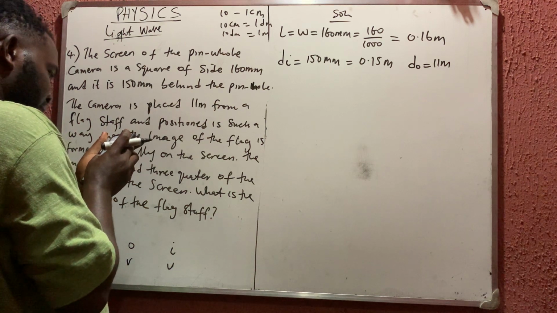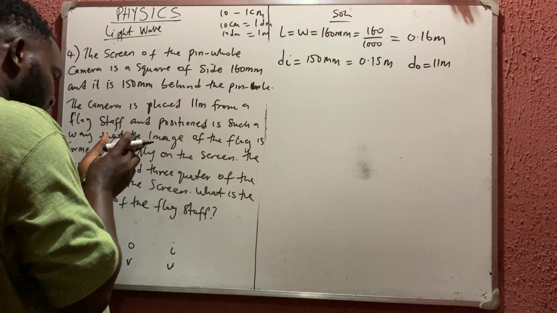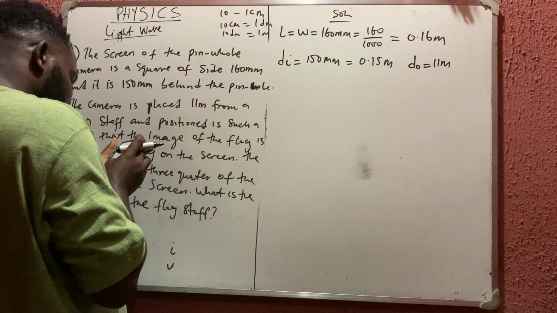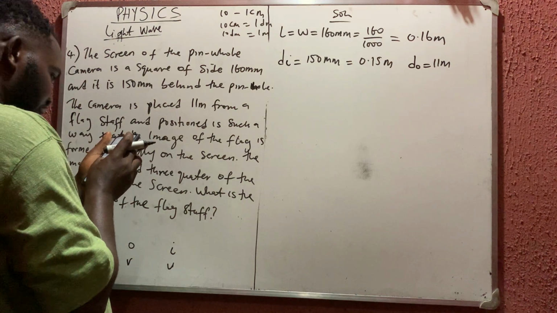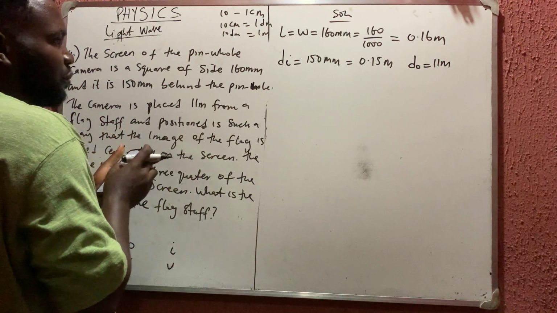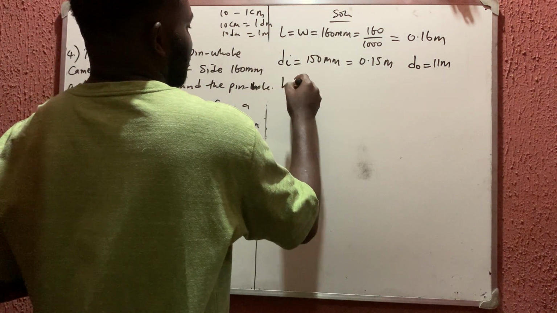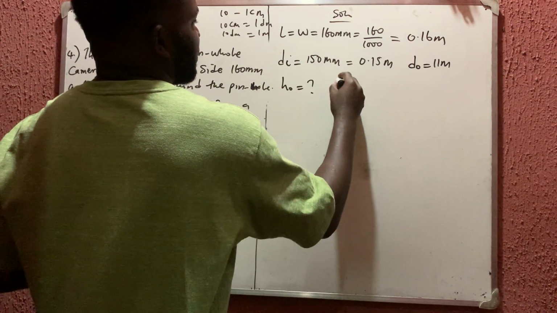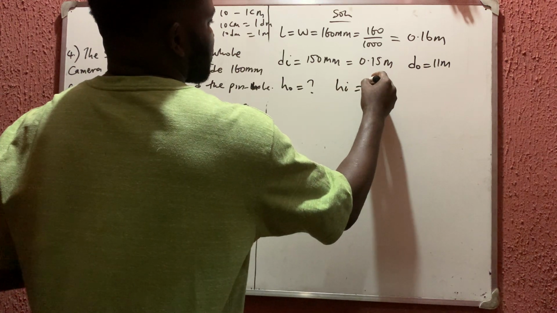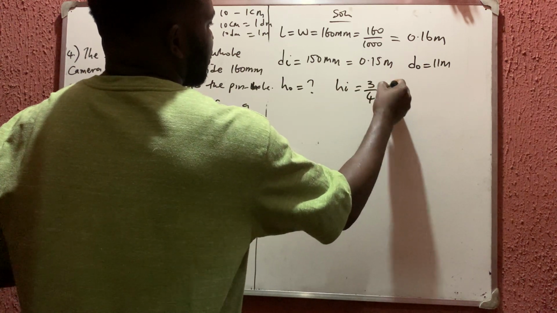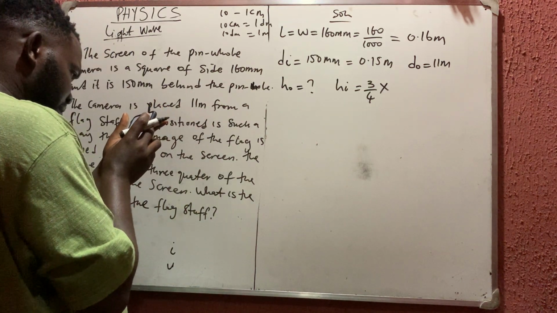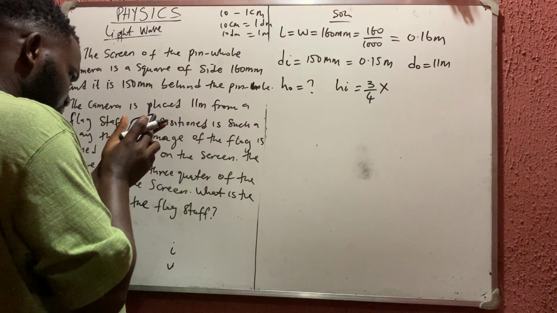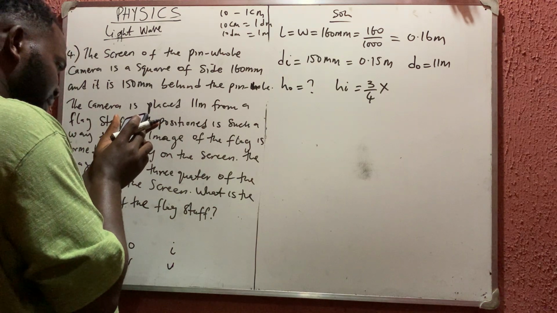centrally on the screen. They said that the image occupies 3/4 of the height. Then they ask, what is the height of the flagpole? The height of the object is unknown, but the height of the image is 3/4 of the height of the screen.